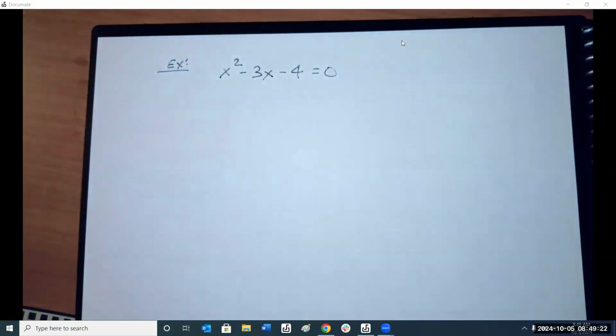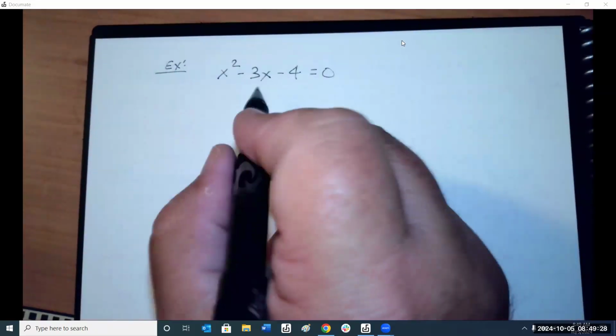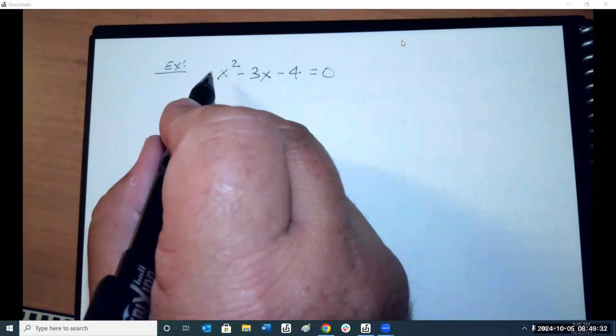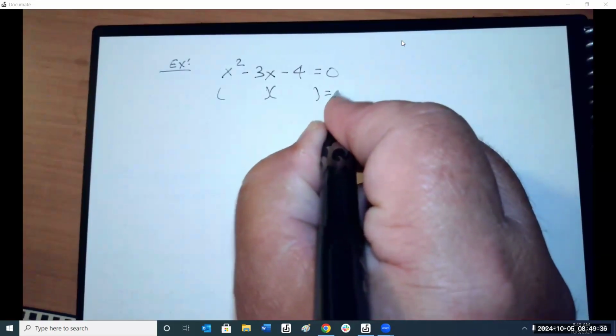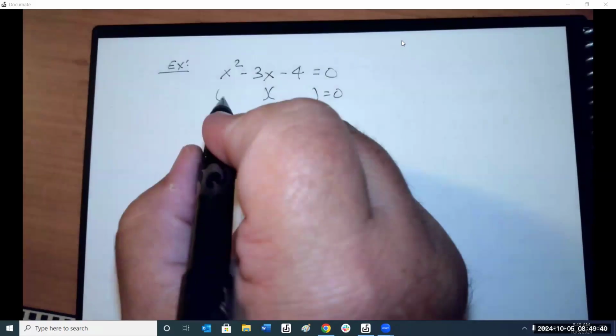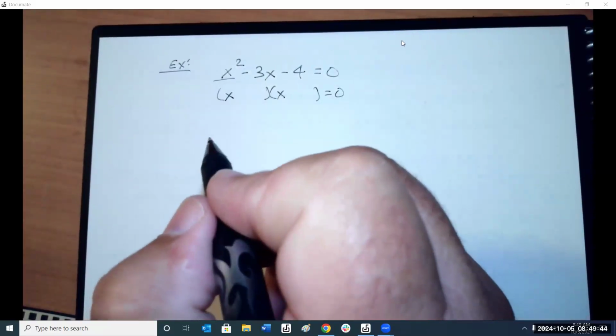That equals 0. Okay, first step, set it equals 0, check. Second, is a equal 1? Yes. So I can go ahead and put my parentheses down. X and x go in the first one. That makes up x squared.